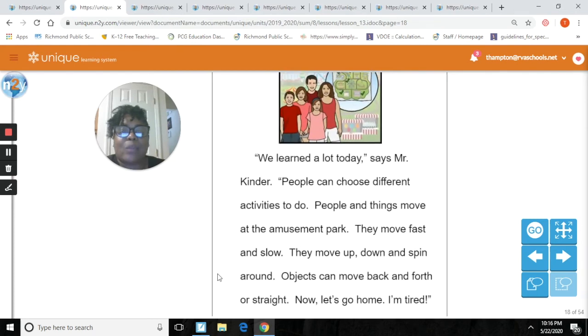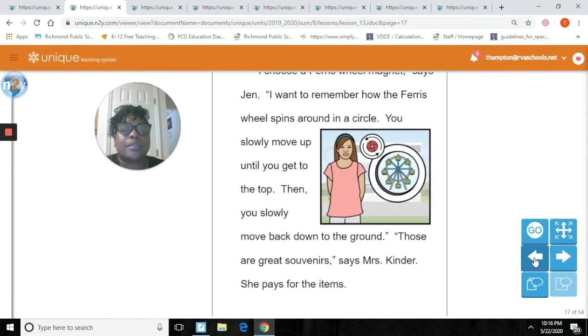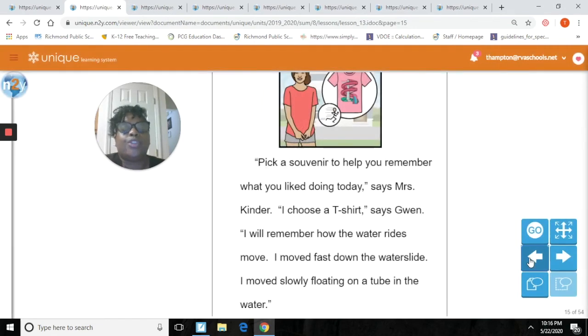Okay, so I'm going to pick one. Oh, let me move back. Okay. And you know, I guess the favorite activity that I liked was the fact that this story was all centered around them making choices at the gift shop. And if you have ever been at a gift shop, it is a wonderful place to go because you can see so many things that you won't see anywhere else.